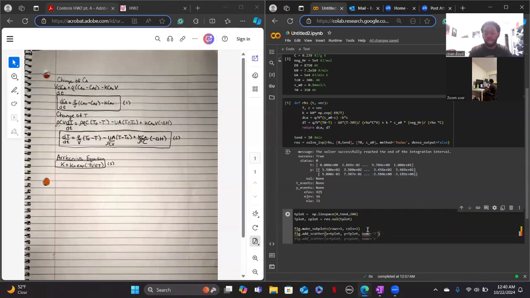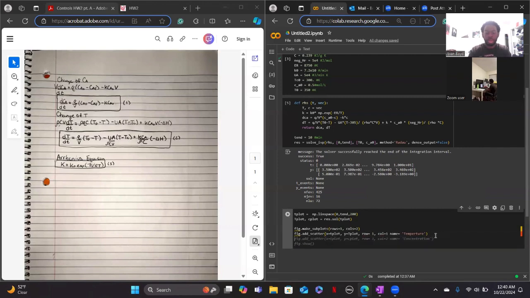And then our name is equal to temperature. So our x-axis is equal to our time plot, and our y-axis equal to our temperature plot. Our name is equal to temperature, and I forgot to add our rows. So we need to have row is equal to 1, and then column equal to 1.